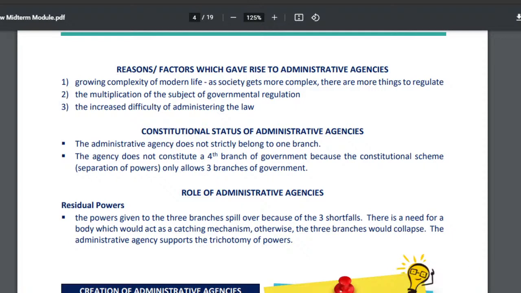We have so many laws that our legislative branch has enacted. Okay? For example, we have this Data Privacy Act.